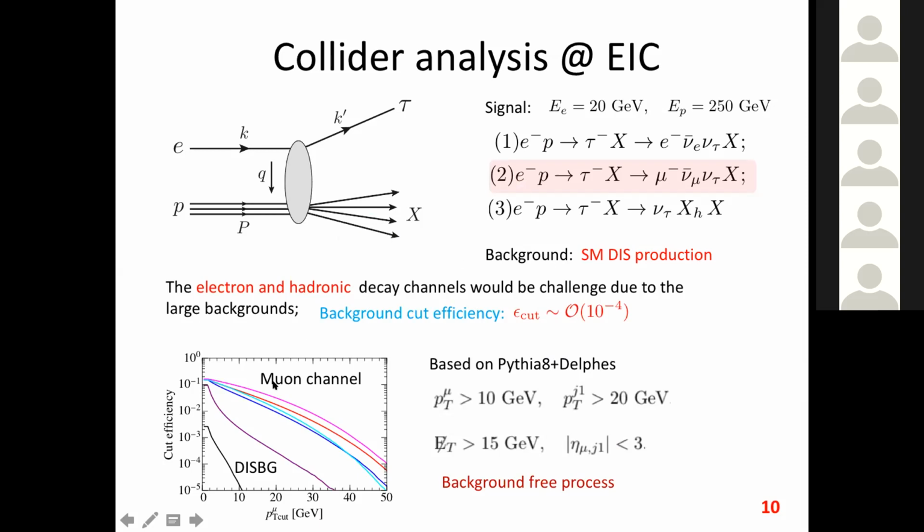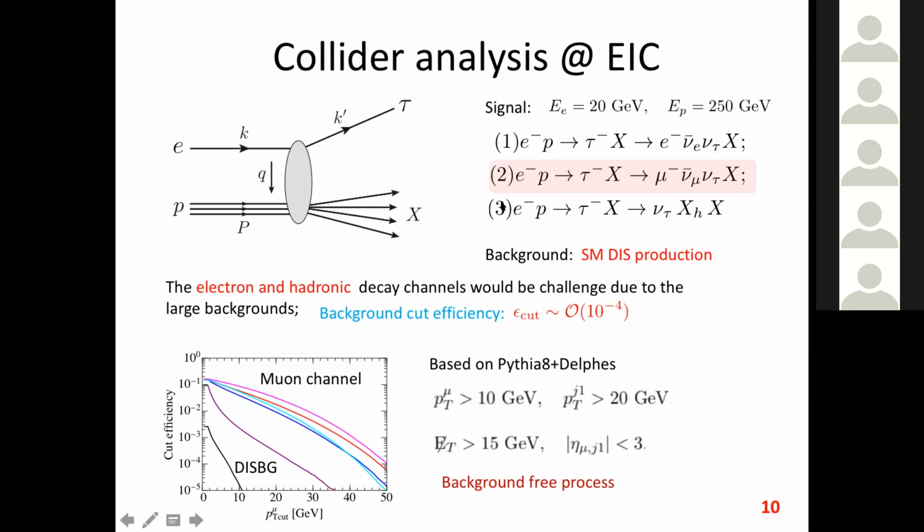But for the muon channel, the situation is very different, because after we require a hard muon with PT of muon larger than 10 GeV, the cut efficiency will change to roughly 10⁻⁵. So after we include other cuts like the lepton PT and missing energy, this process is almost background free. So we could give a very strong constraint for the charged lepton flavor violation with tau decaying to muon.